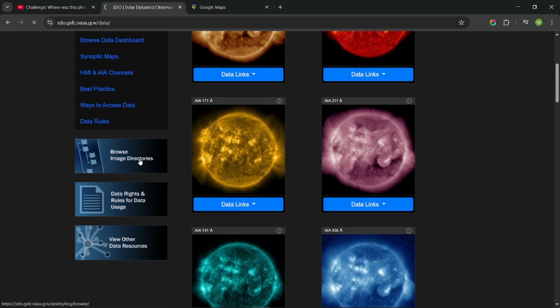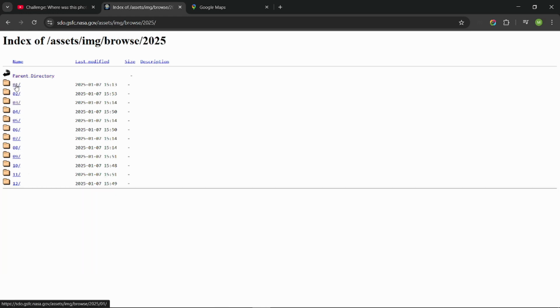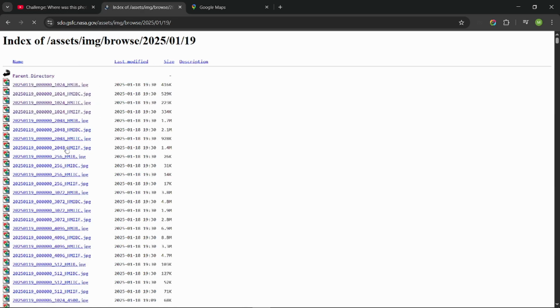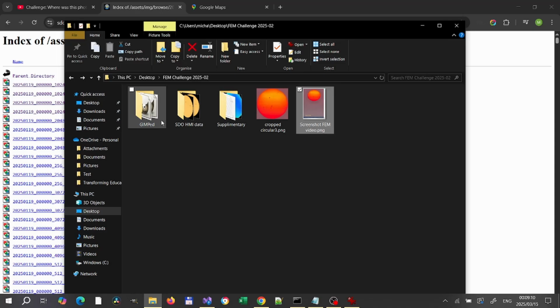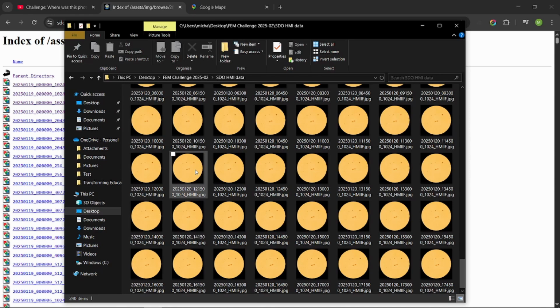So I've just been using the browse feature here instead and gone to the appropriate year, month, and day, and then downloaded the images that I wanted, and the ones I want are the 1024 HMI IF, which is image flattened, so without the limb darkening, and I downloaded all of those to a folder here, 240 of them, starting at midnight from the 18th and up to the 20th in the late afternoon.